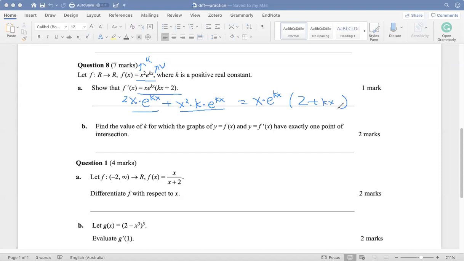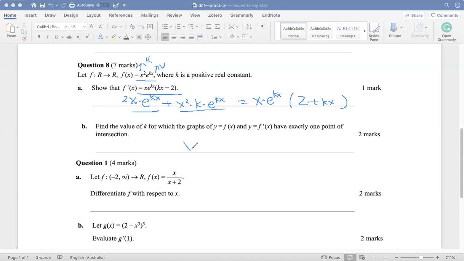And find the value of k for which this graph has exactly one solution. We just want one solution, okay? All we know is if they have exactly one solution, they must intersect each other, so the coordinates will satisfy both equations.